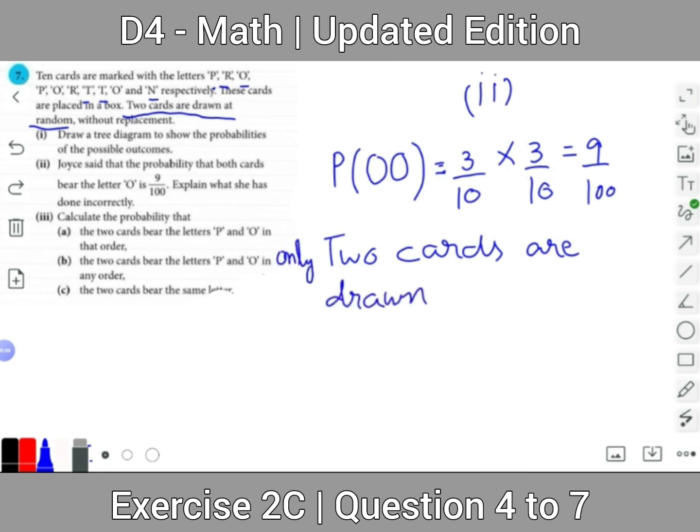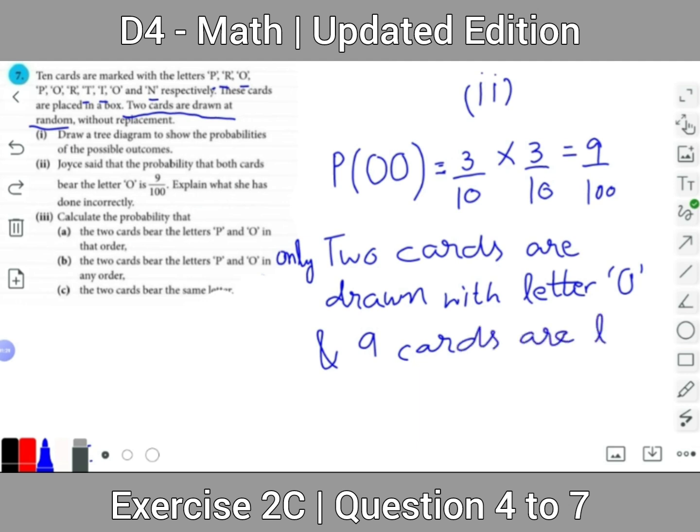Cards are drawn with letter O, and 9 cards are left after the first card has been drawn.